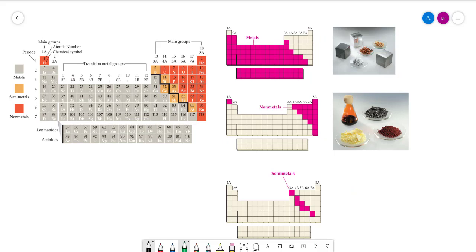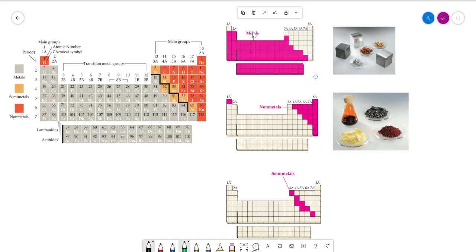Okay, so the other sort of general groupings that the periodic table gives us are by these bigger general categories, like metals, which are highlighted as the sort of pink constructs in this table.